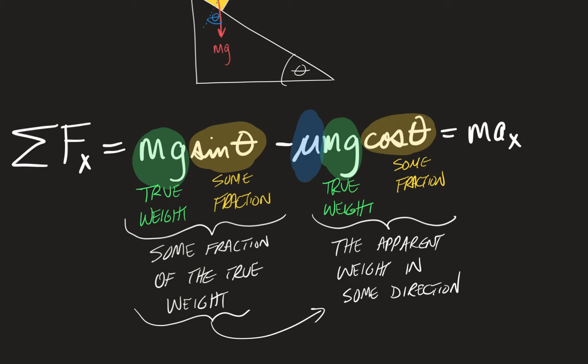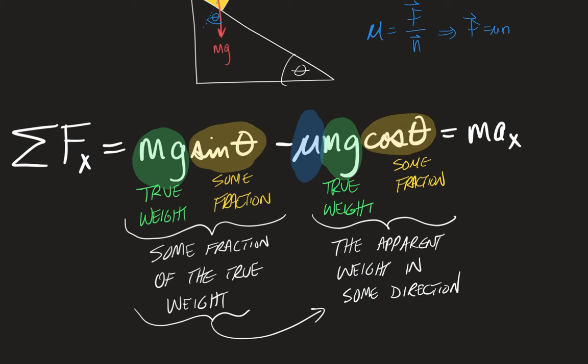Remember that mu was defined as the friction force over the normal force, or we get friction equals mu n. So the friction force is some fraction of the normal force, and the normal force is mg, all right? So this is harder.